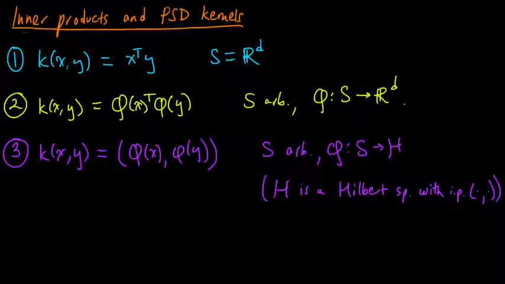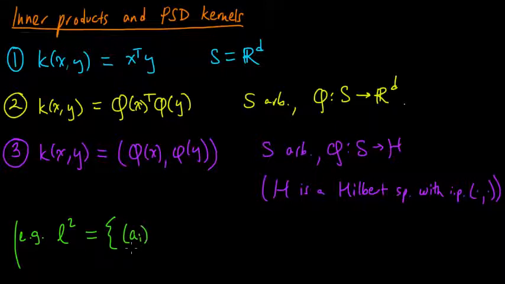So I promised I would give you a little example of a Hilbert space. If you don't know what a Hilbert space is, of course R^d is a simple example, but maybe the first non-trivial example to get your head wrapped around is little l2. Little l2 is the space of all infinite sequences, maybe I'll use a, a_i, where the sequence is a_1, a_2, a_3, and it's all those sequences such that the sum of the squares is finite.